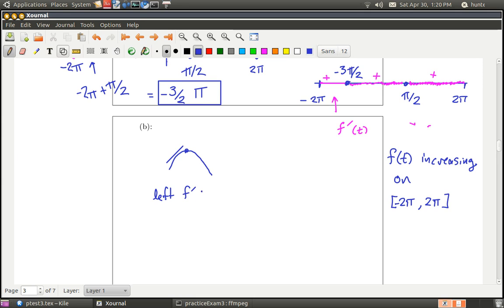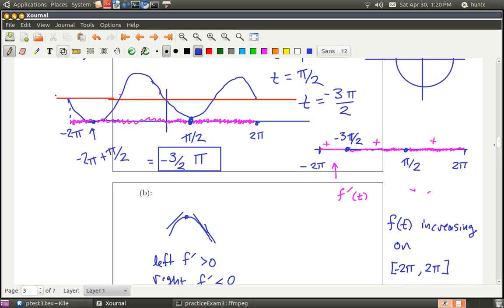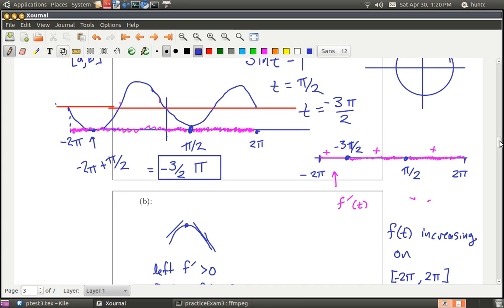So to the left we have f prime being positive, but then on the other side of the maximum, the tangent lines have negative slope, and on the right we have f prime being negative. So how can I tell from this information what local max of the function might be? What I need is some critical number or some root of the derivative where the derivative is positive to the left but negative to the right. Okay, so unfortunately that never happens.